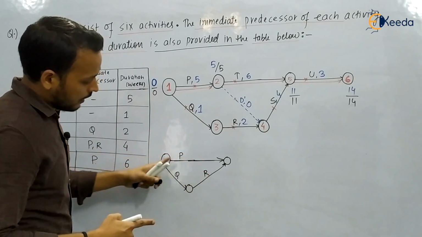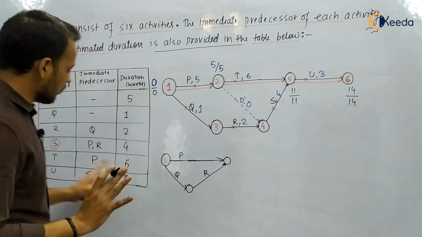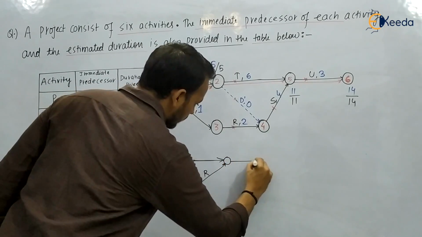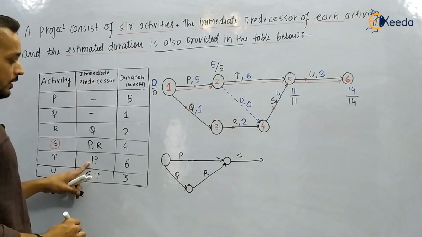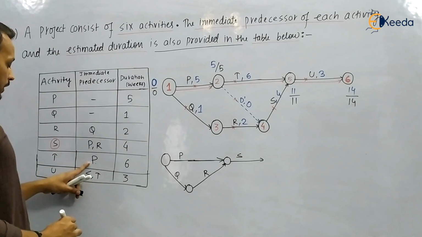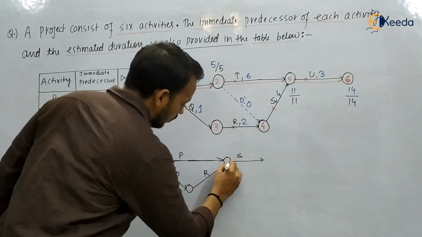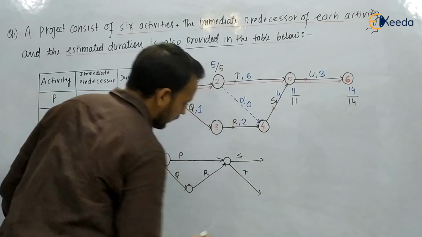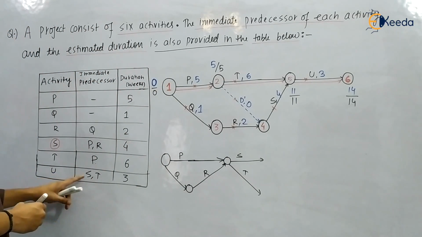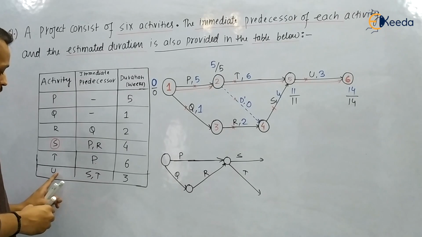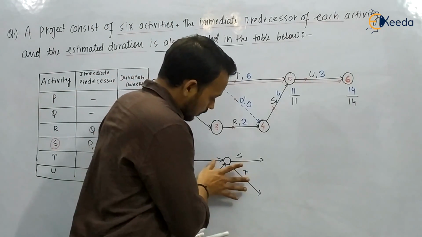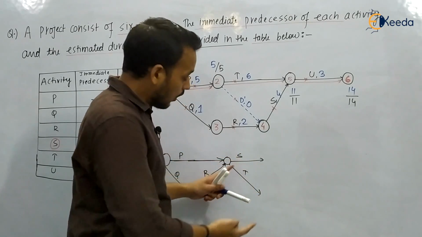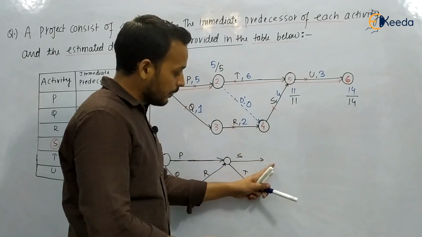The network rule is also followed, and they draw S. Now they have to draw T, whose precedence is P, so they draw this T. Now we have to combine S and T so that we can draw activity U, because the precedence of U is S and T. But both cannot be matched directly, because both activities would have the same head event and tail event.